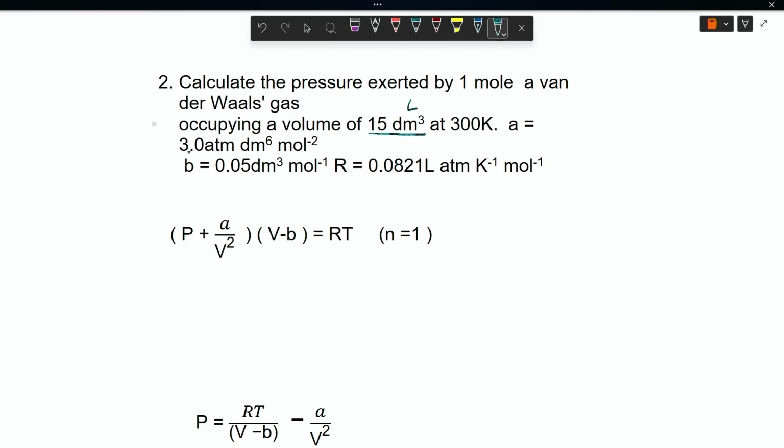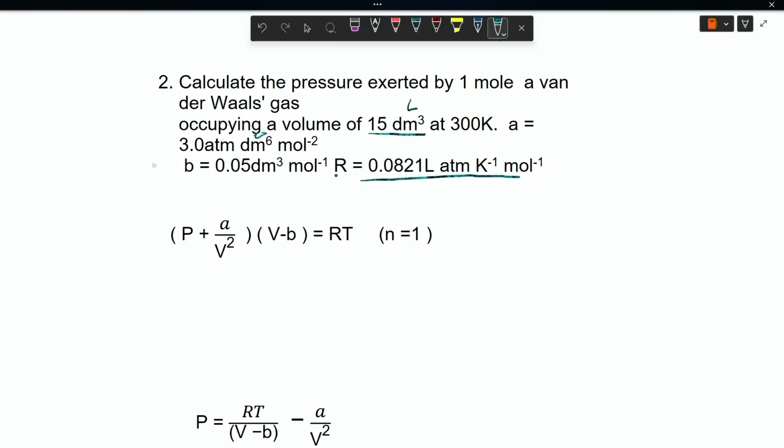The value of a is equal to 3.0 atmospheres decimeter raised to 6, or it can be liter squared mole inverse. b is equal to 0.05 decimeter cube mole inverse. Here if R, the value is not given, since all these are liters and atmospheres, you will have to convert that the value of R is 0.0821 liter atmospheres per Kelvin per mole. This is what we have to be careful while doing such problems.